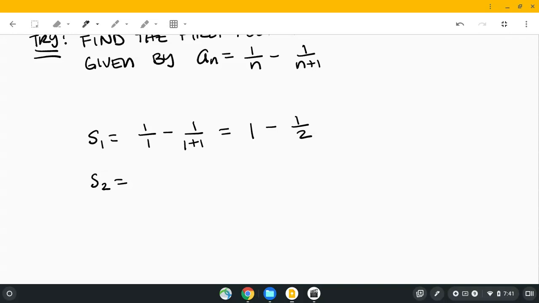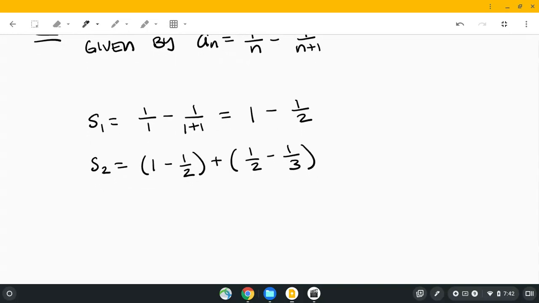S2 is going to be the first term, which is 1 minus 1/2, plus the second term, which is 1/2 minus 1/3. And over here, I notice, oh, if I actually add these together, these two will cancel. So I'll end up with 1 minus 1/3.